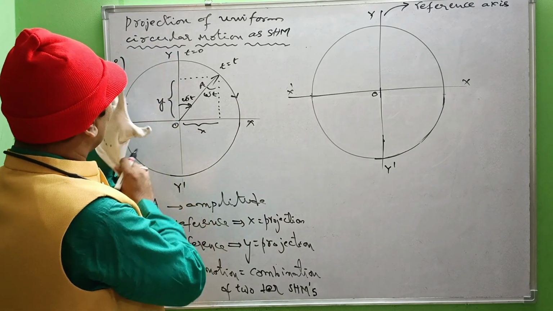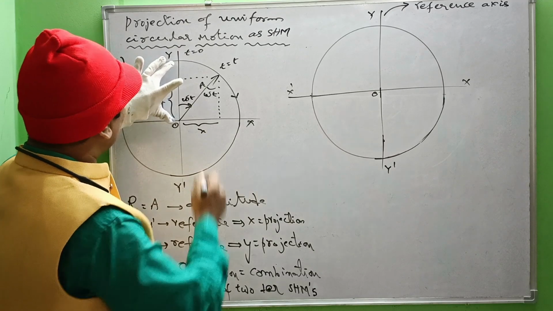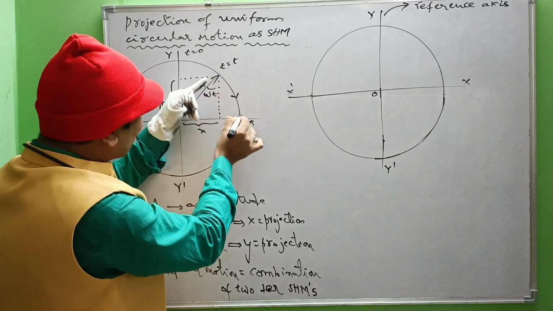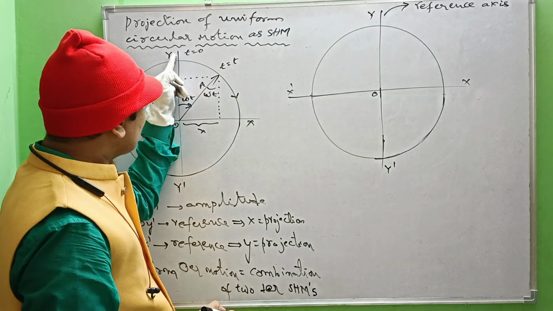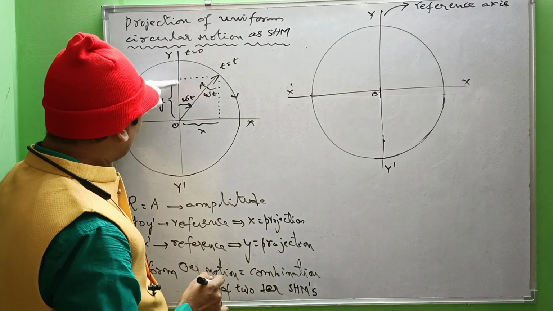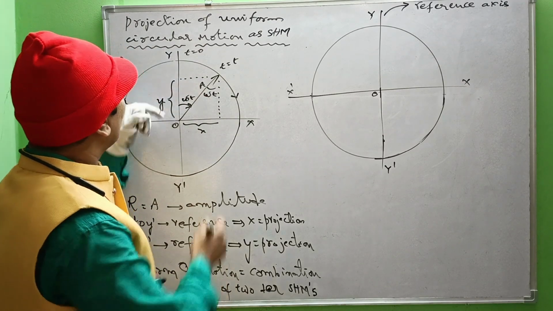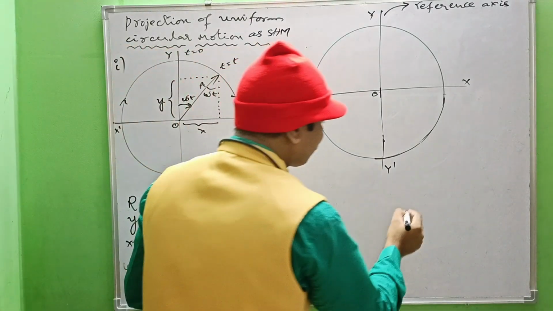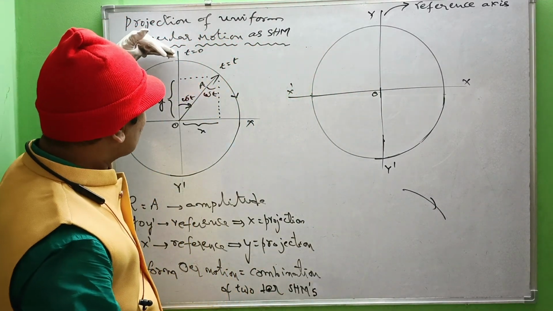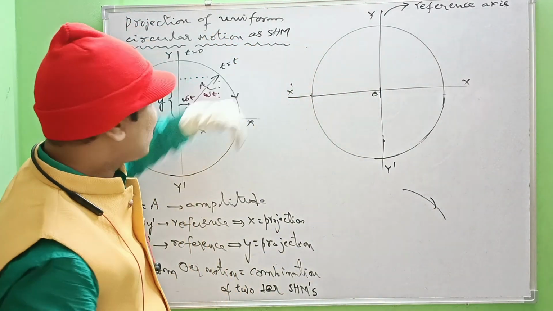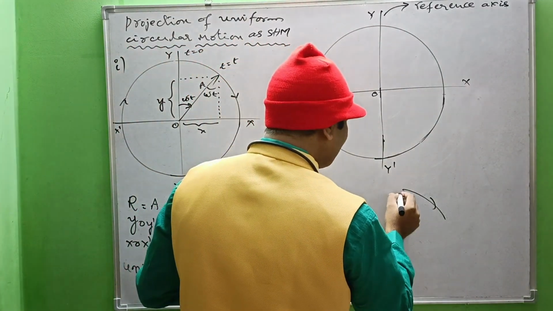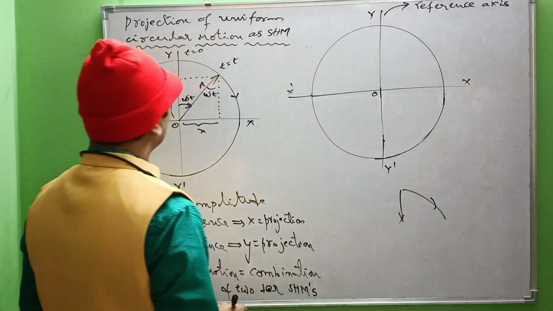At t equal to 0, this is the ultimate projection, but during its motion along the circular path in the first quadrant, the projection decreases from peak to 0 value, meaning from peak to the mean position. So during the motion of the particle in the first quadrant in clockwise sense, the y projection gradually decreases, right?